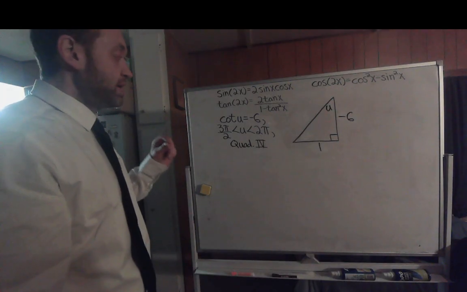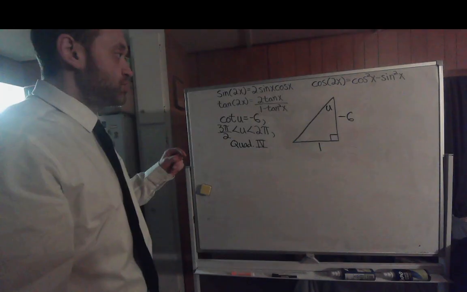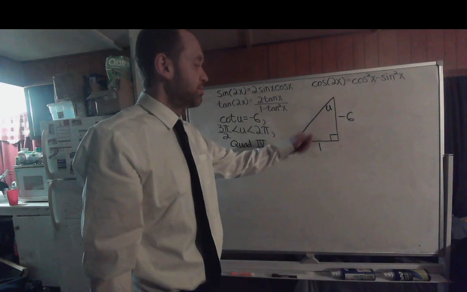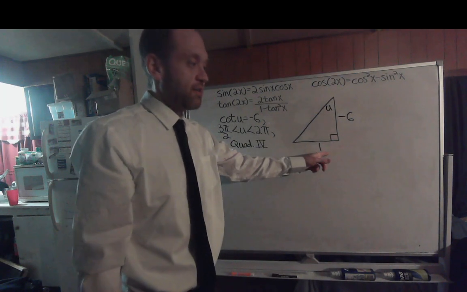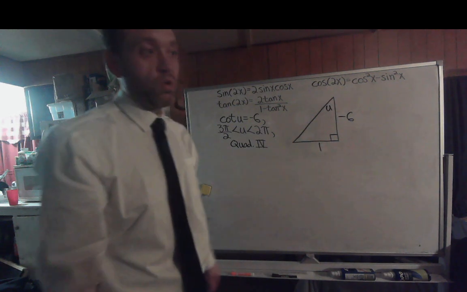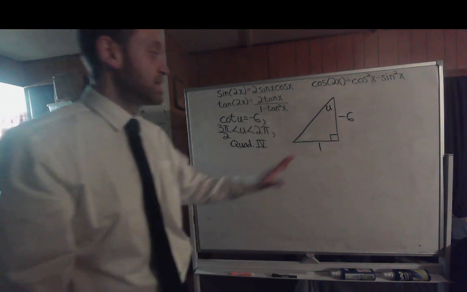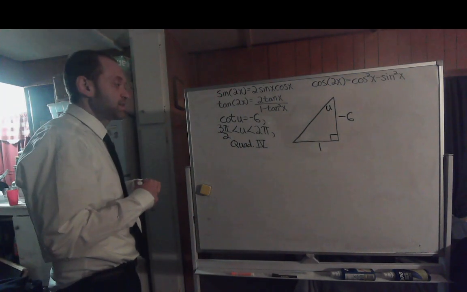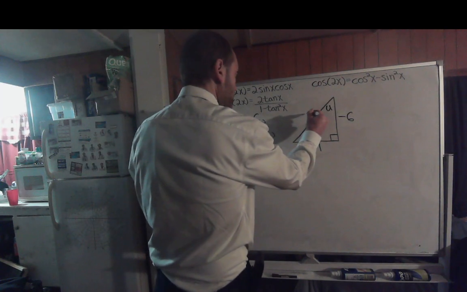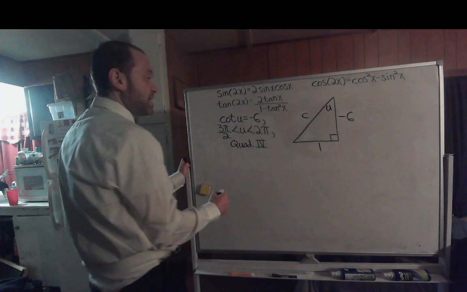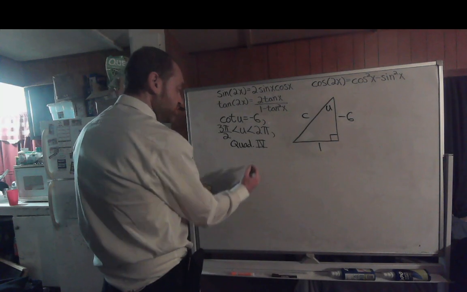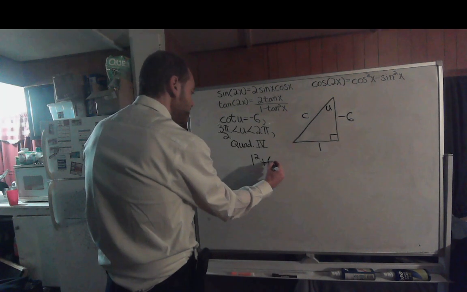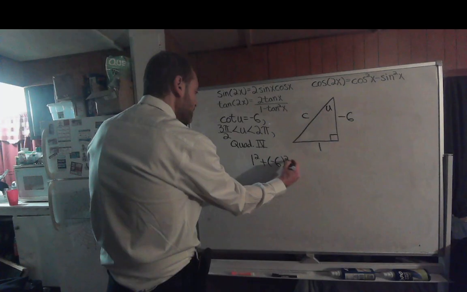It would probably be easy for you to think that you could end up arguing it would be 6 over -1, but that would put you in the second quadrant. So that's why it's important to identify your lengths correctly, so you set yourself up for success. And of course, we don't know the hypotenuse. We'll call that side C. So let's use Pythagorean theorem. You take 1 squared plus that -6 squared.